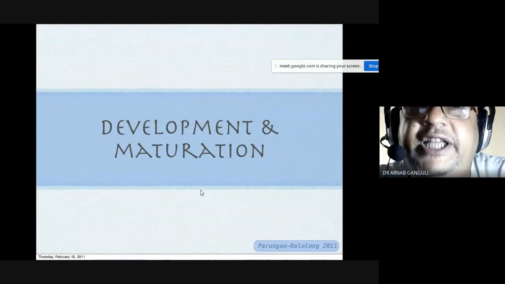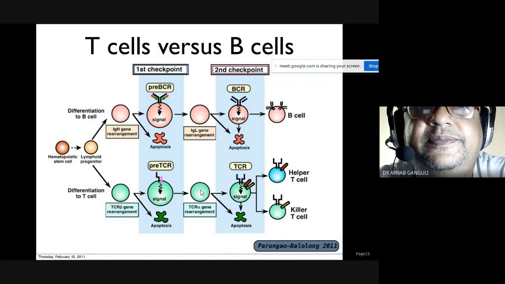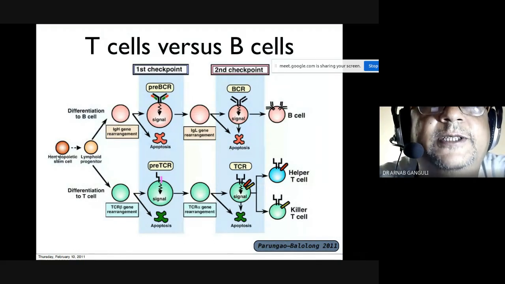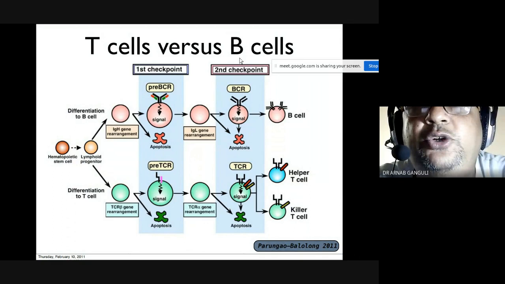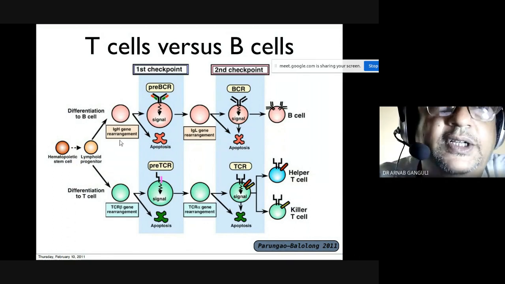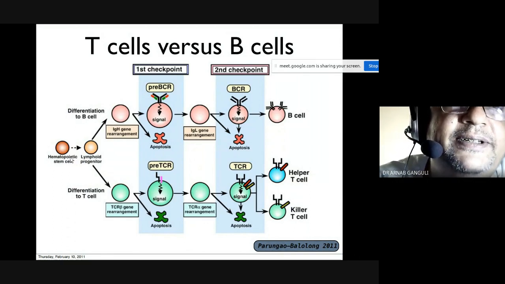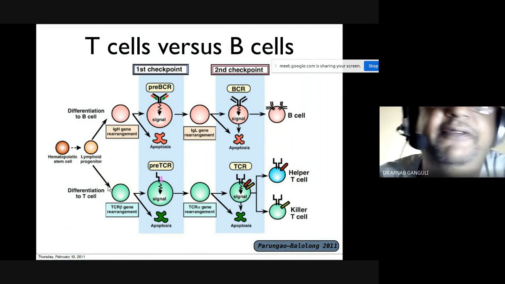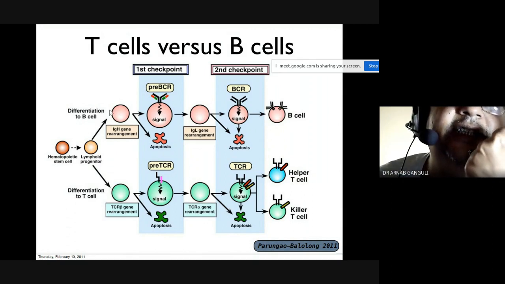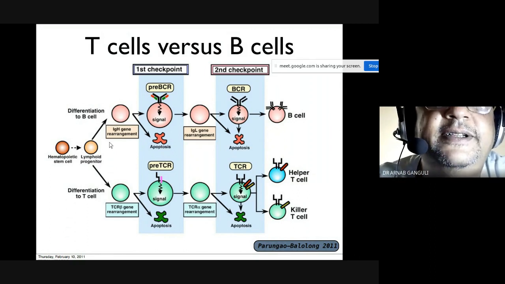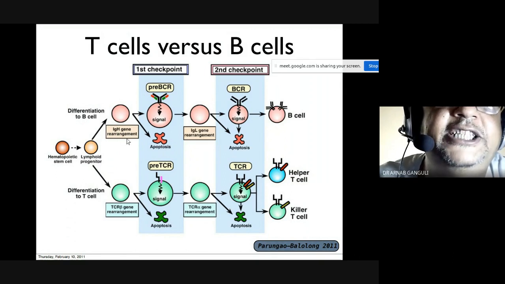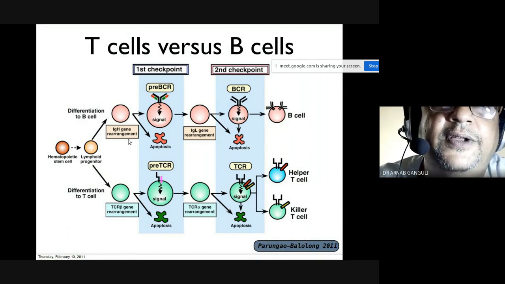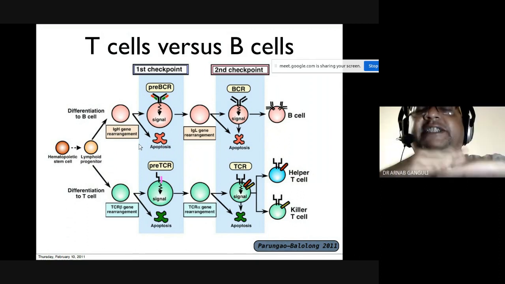Now let us talk about the development and maturation. In the hematopoietic cell, there are two checkpoints present. The hematopoietic stem cell gets converted into a lymphoid progenitor. On one side it differentiates into a T cell, on the other side into a B cell. In the B cell, there is first an IgH gene, immunoglobulin gene rearrangement. The heavy chain gene rearrangement takes place.